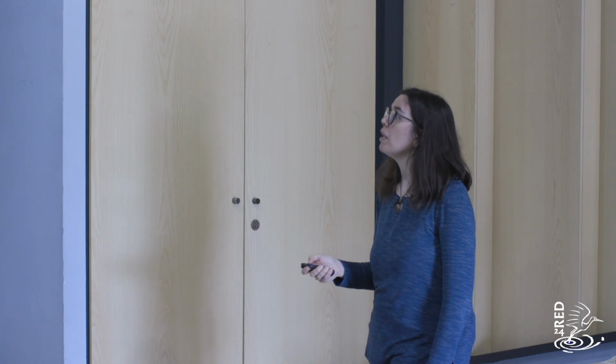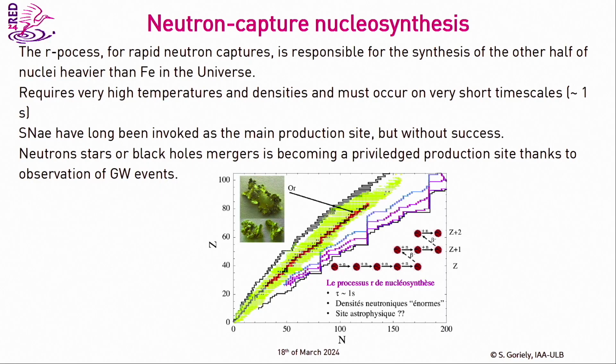For a long time, we thought that this R process was mainly made by exploding stars. I will show you in a minute when these stars explode. But it was theoretical, and we didn't really observe that much R process nucleosynthesis in the light curves of supernovae. And so it was a puzzle until 2017, very recently, when we actually observed the merger of two neutron stars. There was a gravitational wave event, and there was a trigger to all other telescopes to point in the direction of the gravitational wave event.